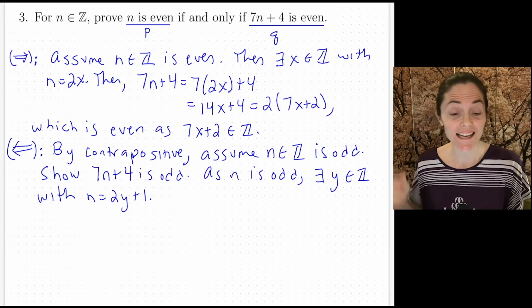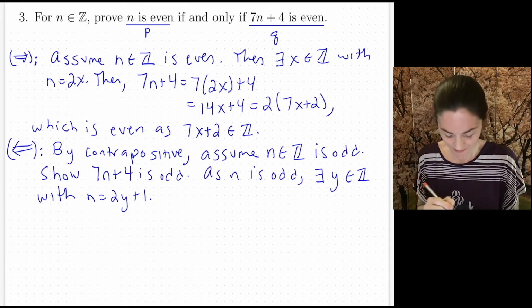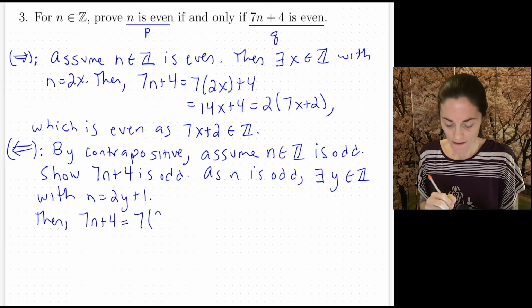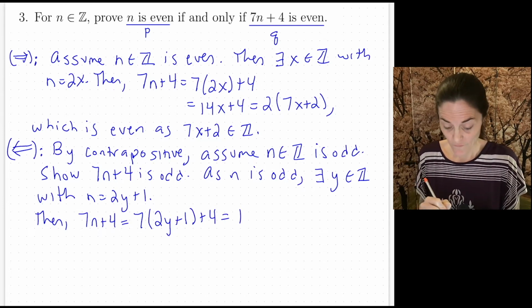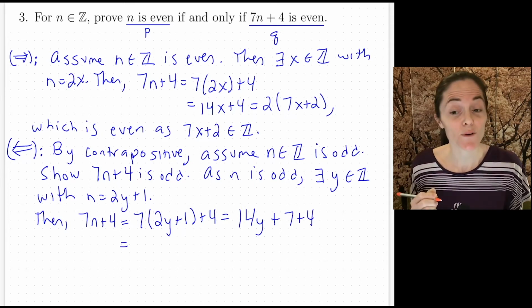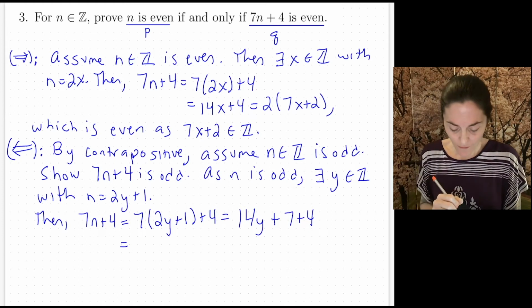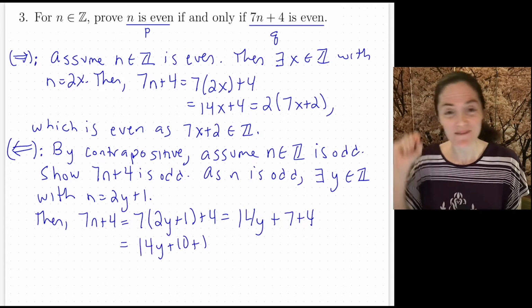Now I need to get 7n plus 4 as 2 times an integer plus 1. This is 7(2y plus 1) plus 4, which is 14y plus 7 plus 4. You see, this is 14y plus 11, but I'll write this as 14y plus 10, and there's my plus 1.